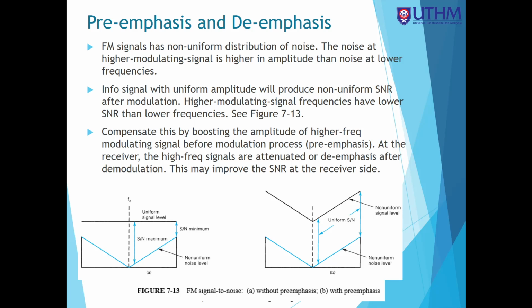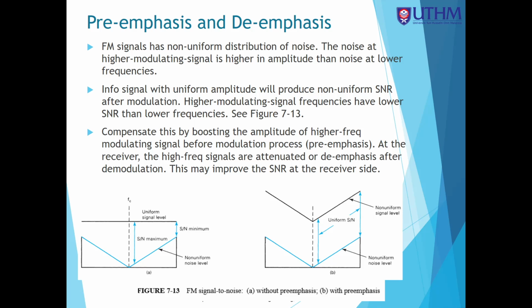So, pre-emphasis is the process of increasing the amplitude of the signal before the modulation process in the transmitter. Okay, so sebelum berlakunya proses modulation dalam transmitter, maka transmitter perlu naikkan sedikit amplitude daripada input signal itu sebelum melaksanakan proses modulation.